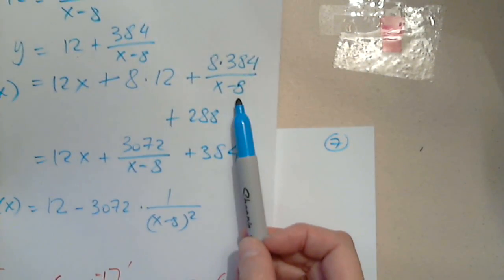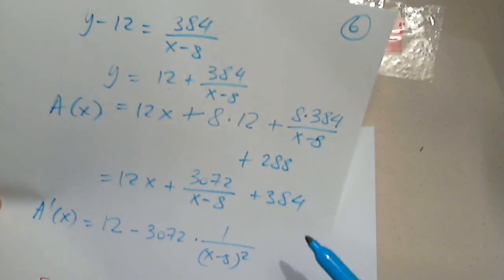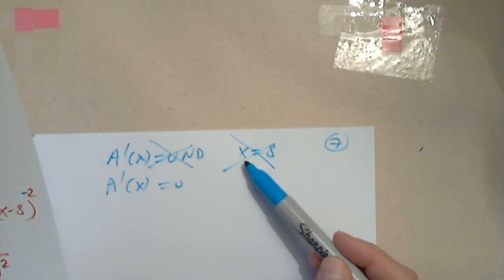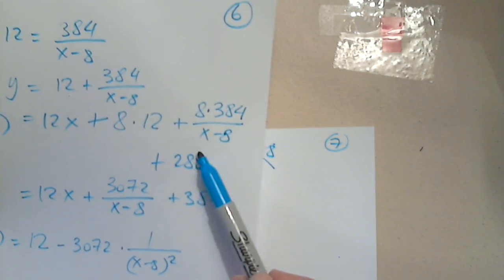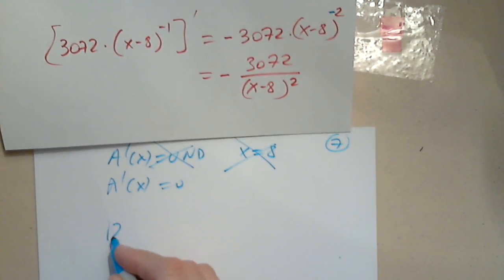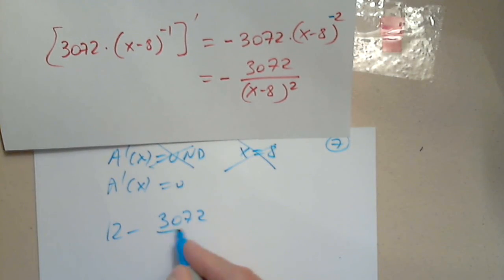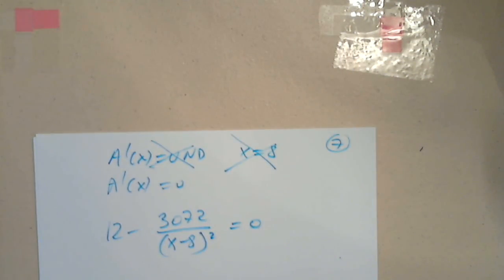However, the function is not defined at 8, so after I conclude that it's undefined at x equals 8, then I have to look at the function, but the function is not defined at 8, so that's not possible. So my only chance is that 12 minus 3072 over x minus 8 squared is 0.